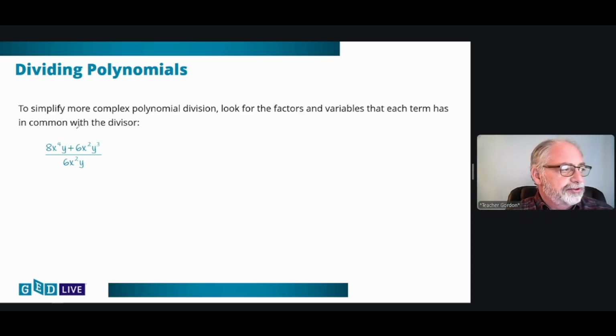Now we can still do that process of separating out our two top terms. So I can turn this into 8x to the 4th power times y over 6x squared times y, plus another fraction, 6x squared times y cubed over 6x squared times y. So you see the denominator, the bottom of the fraction, stays the same. And I've just separated out the top.